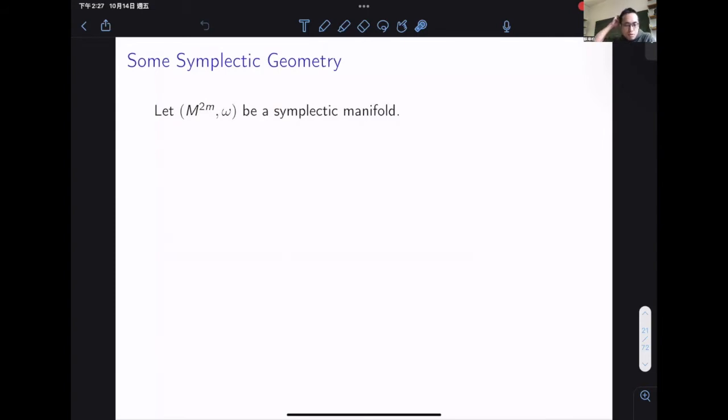To start with, we need to introduce more concepts from symplectic geometry. Now we don't use the Riemannian metric, the complex structure and the holomorphic volume form. We only take M and the Kähler form omega, and this is a symplectic manifold.